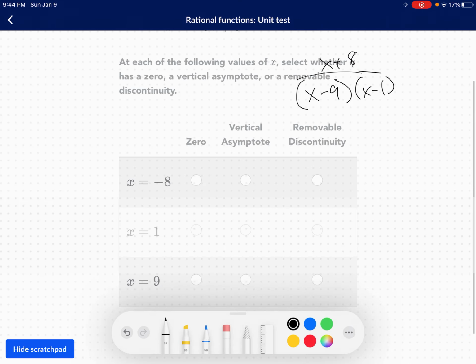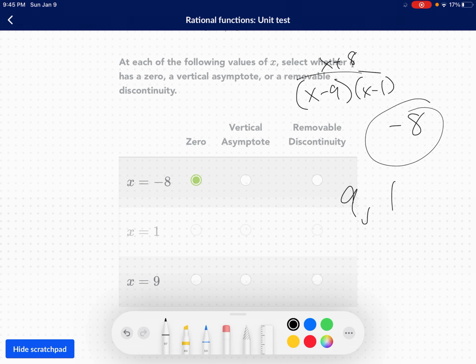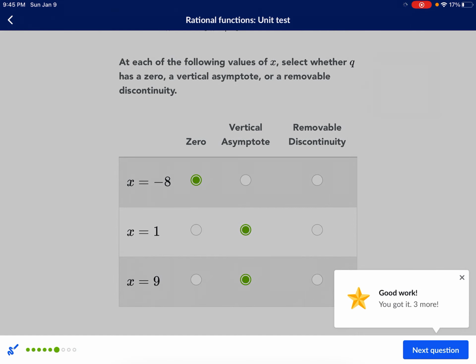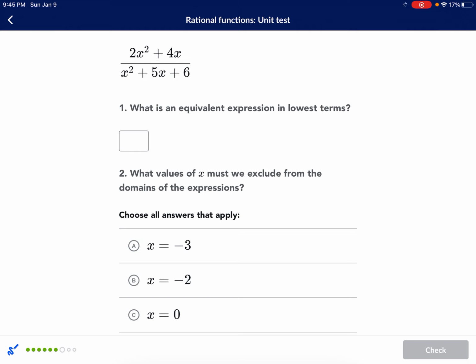So right off the bat, the zero is negative 8 because of this term, x plus 8 equals 0. You solve for x, it's negative 8, so this is the zero. The vertical asymptotes are 9 and 1. There are no removable discontinuities because there are no shared terms between the numerator and the denominator.